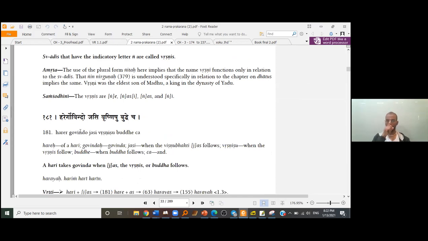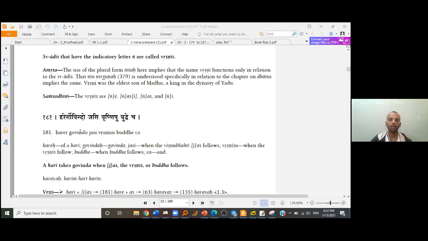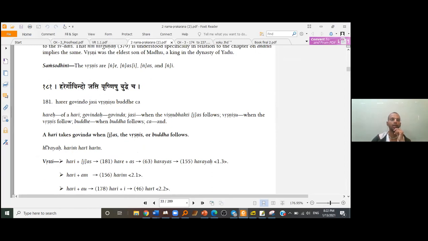Now, we are doing Hari Yukta Jas. Harer Govinda Jasi Vrishneshu Buddhecha. A Hari takes Govinda when Jas, the Vrishnis or Buddha follows.